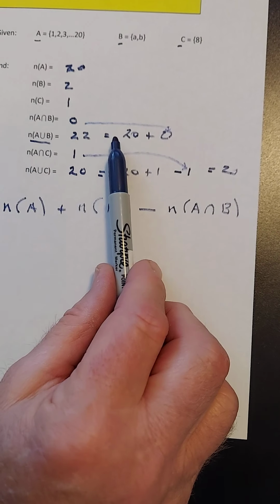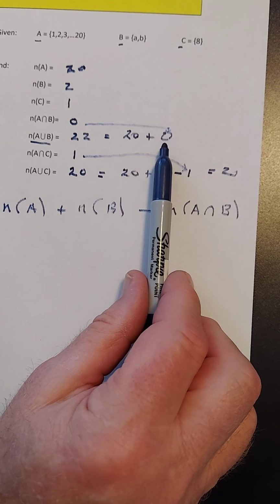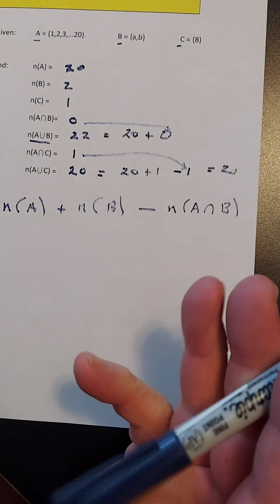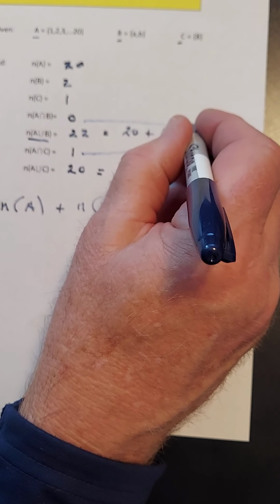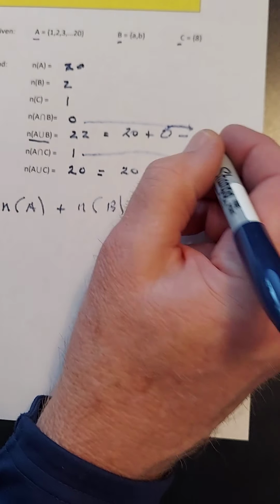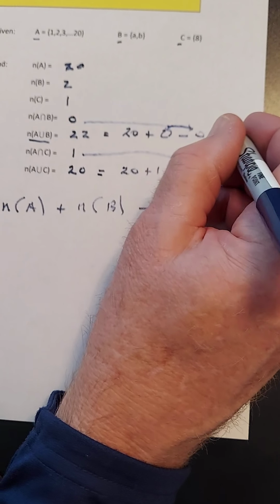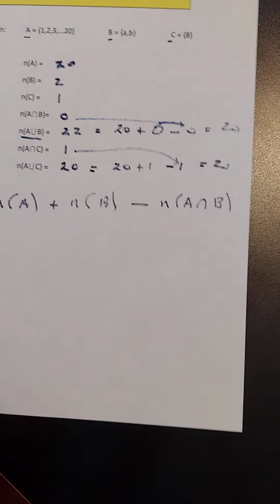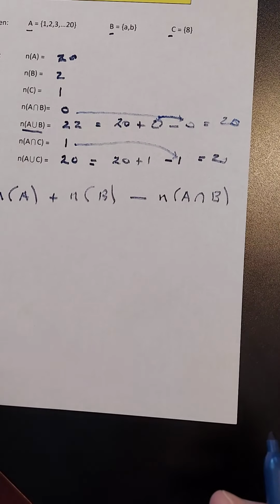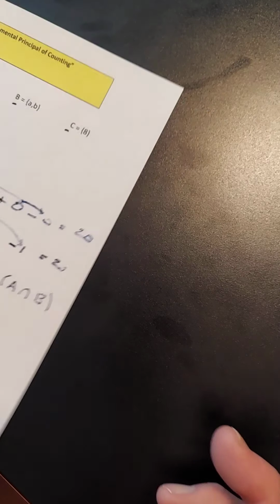Up here, it was the number in A plus the number in B minus the number in both of them. Well, that was 0, so that's why it ended up being 22 again. So there's no change. So when there's an intersection, you have to subtract. Okay, that's your intro.